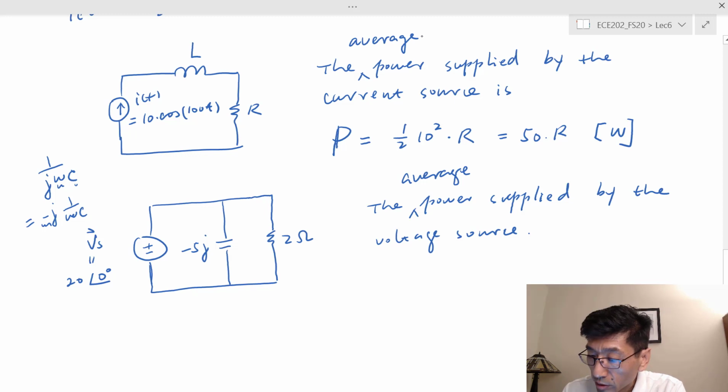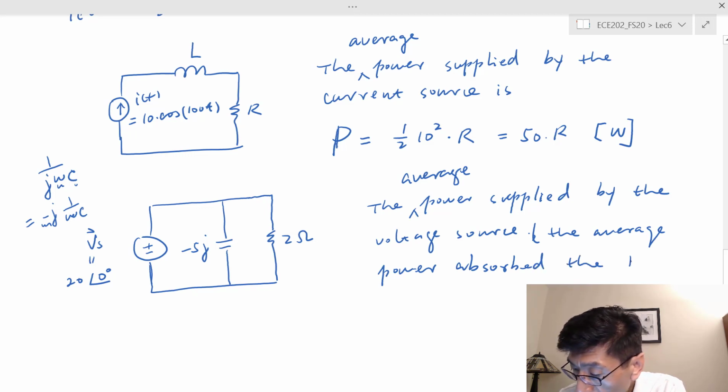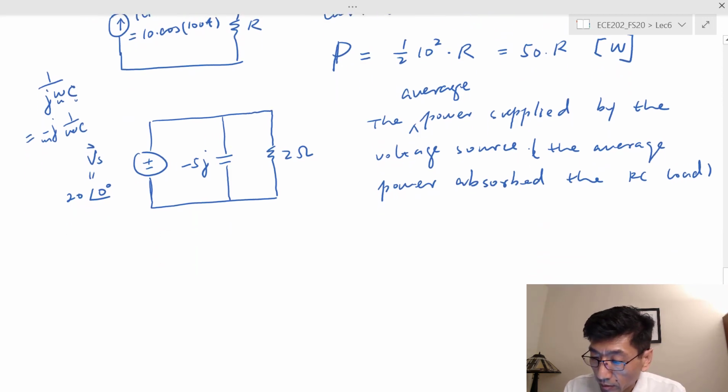The average power supplied by the source is equivalent to the average power absorbed by the RC load. We know the capacitor will not absorb average power. Therefore, we only care about the average power absorbed by the resistance.